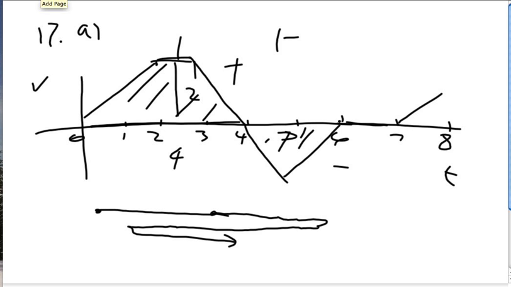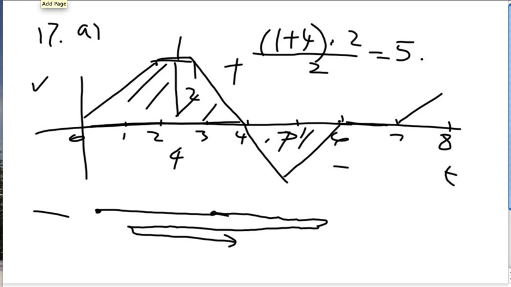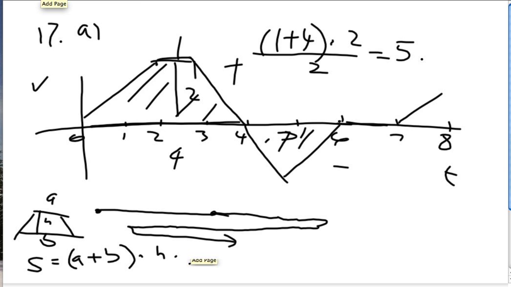So (1 plus 4) times 2 divided by 2 equals 5. This is how we calculate a shape like this. This is A, this is B, this is H. So S equals (A plus B) times H times half. Very useful formula if you don't want to just do approximation. And we get 5 here.